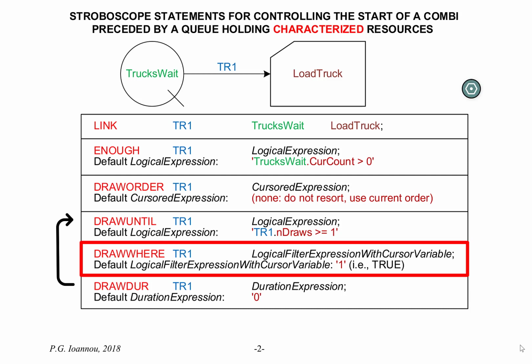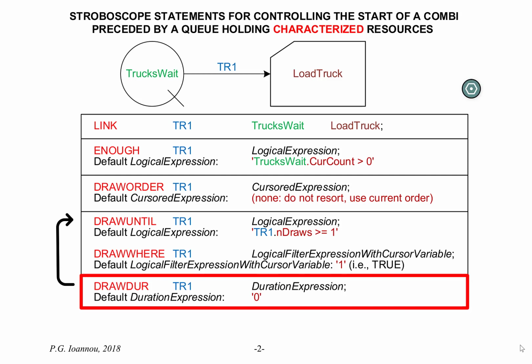If the result of that expression is true, then link TR1 will draw that resource. If the result of that expression is false, then link TR1 will bypass that resource and move on to the resource behind it in the queue. The default logical expression is 1, which means that TR1 will be able to draw the resource at the front of the queue.